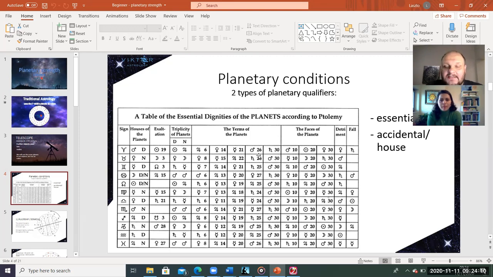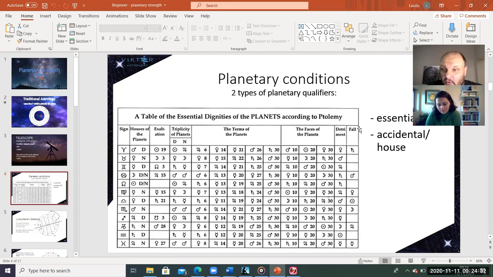And that's what term means. This is a minor dignity. Basically, there are every single 10 degrees ruled by a different planet, which also has to do with some mathematical calculations. And it gives just 20% strength to the planet.